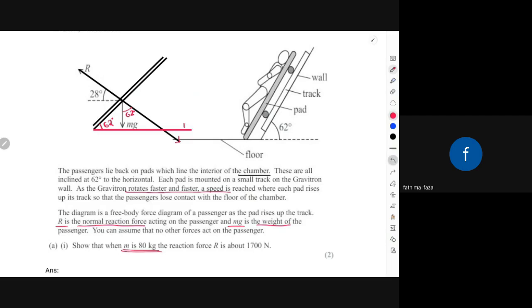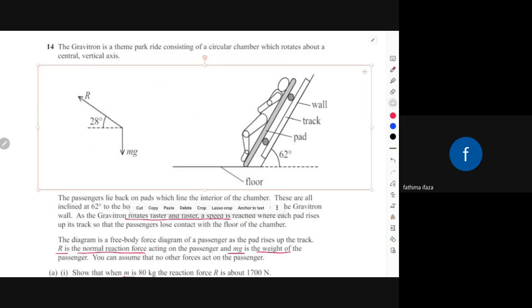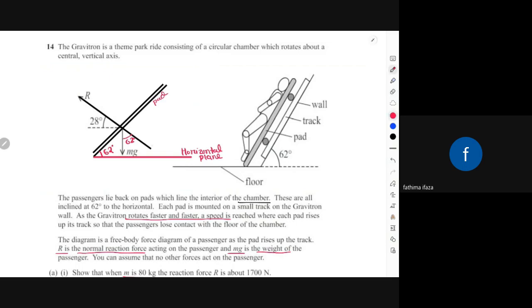This is the horizontal plane. So that is just easier for you guys when you're going to revise this. This is the path, right? And this is going to be the vertical downward component of weight, which is going to be mg cos 62 degrees.